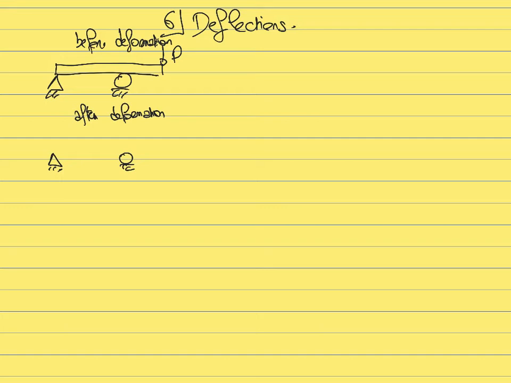So now, after the deformation, the beam is going to become a curve and will look something like this, for example, where the effect of the shear load applied at the right extremity of the beam is to induce a deflection, where the beam is not a straight line anymore, it's now a curve.